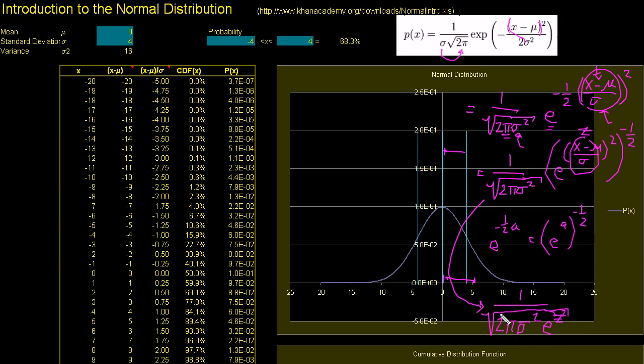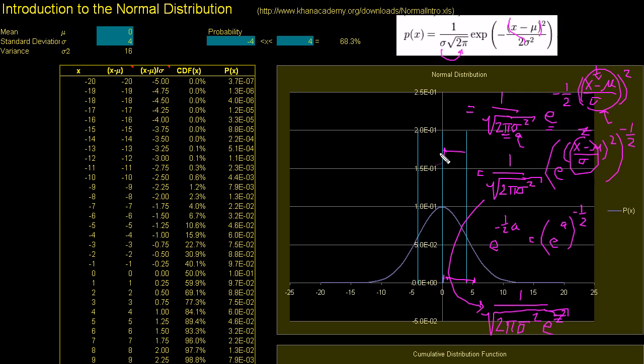And all of a sudden this becomes very clean: we just say 2 pi times our variance times e to the number of standard deviations we are away from the mean. You square that, you take the square root of that thing and invert it, and that's also the normal distribution. So anyway, I wanted to do that just because I thought it was neat, and it's interesting to play around with it. And that way, if you see it in any of these other forms in the rest of your life, you won't say, "What's that? I thought the normal distribution was this or was this," and now you know.